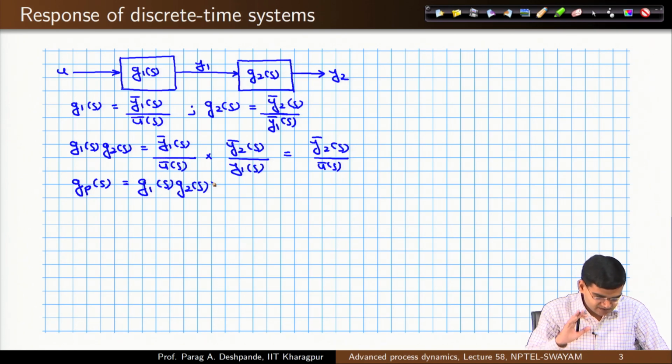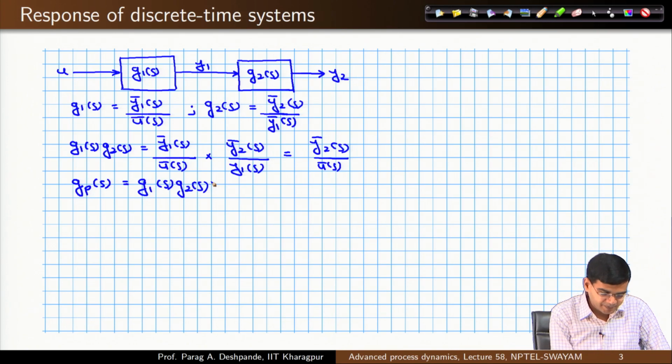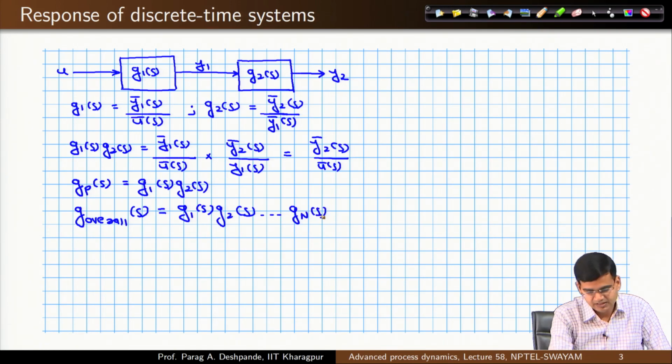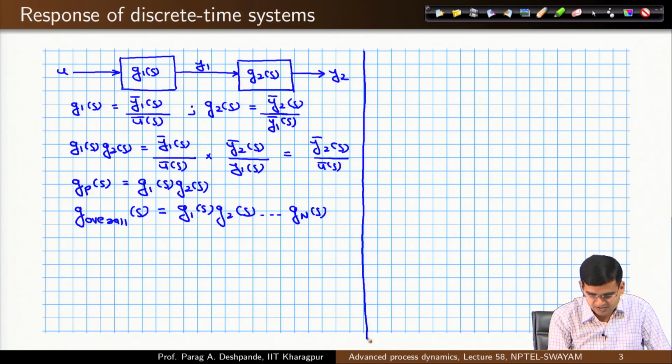So, therefore, this is a general observation that g overall of s for an n system would be g 1 of s, g 2 of s up to g n of s.